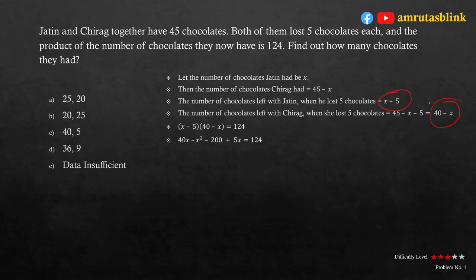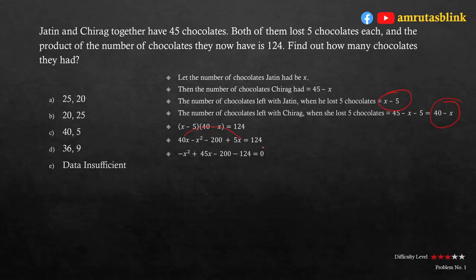So we'll simplify this equation. Now X into 40 is 40X. X into minus X is minus X square. Minus 5 into plus 40 is minus 200. And minus 5 into minus X is plus 5X, equal to 124. We'll rearrange this equation. So minus X square, now 40X plus 5X is 45X, minus 200 as it is, and this 124 will become minus when brought to the left hand side.